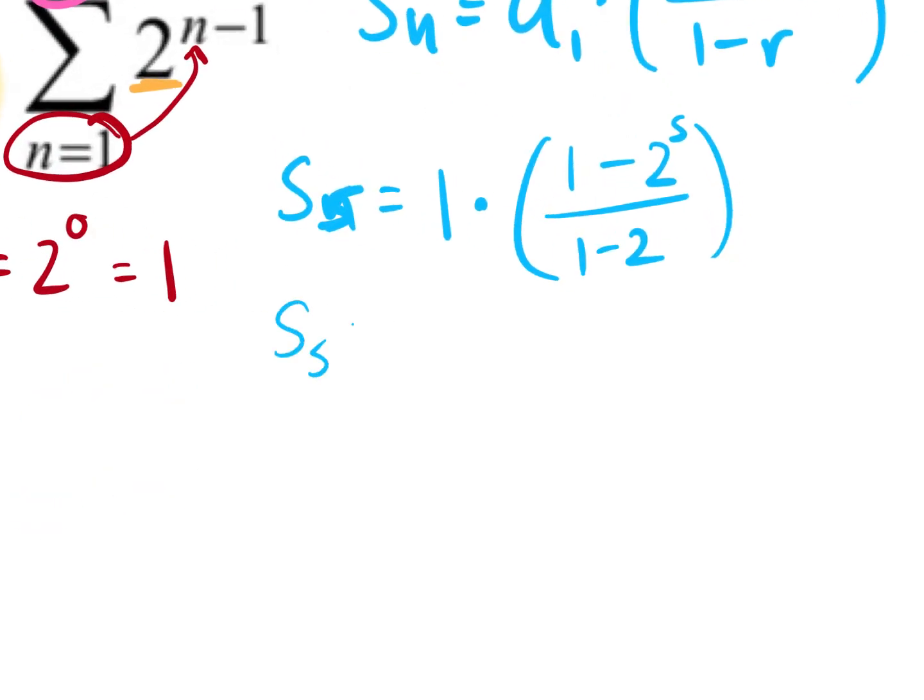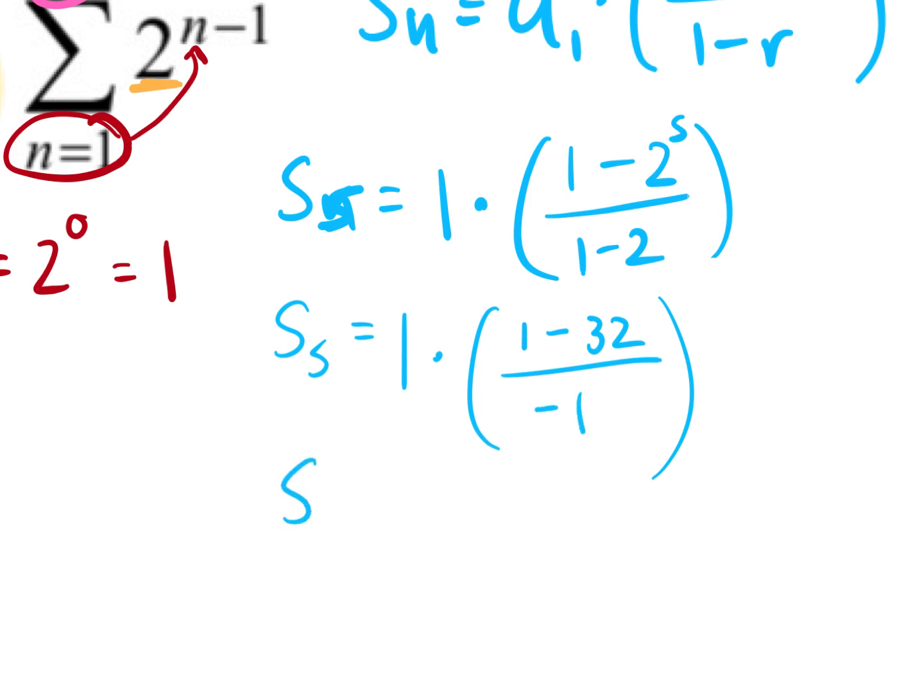So S sub 5 is equal to 1 times, what do we have to do first here? The exponent. So 2 to the 5th power, which would be 32 over, what's 1 minus 2?